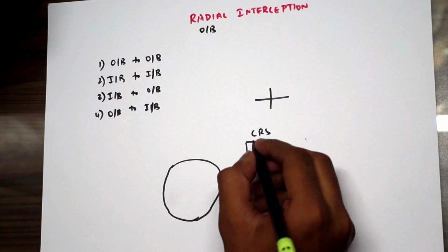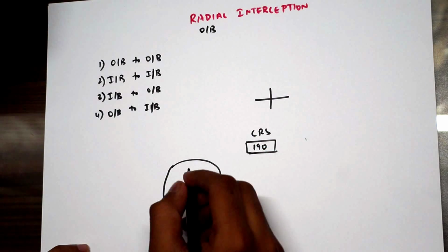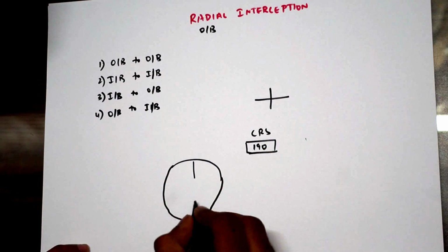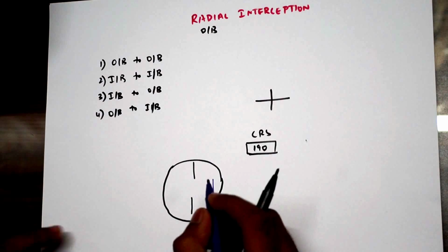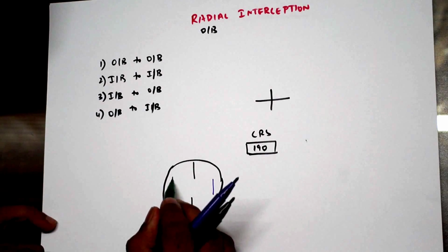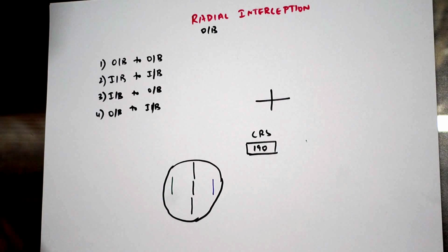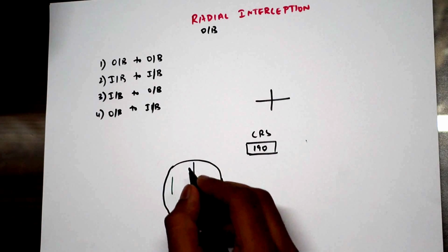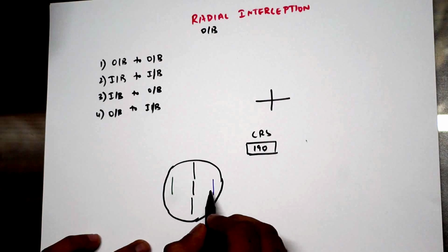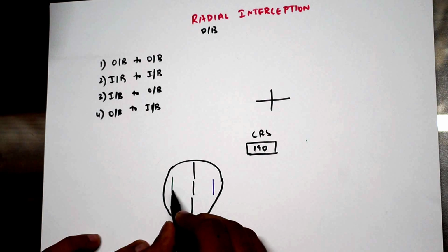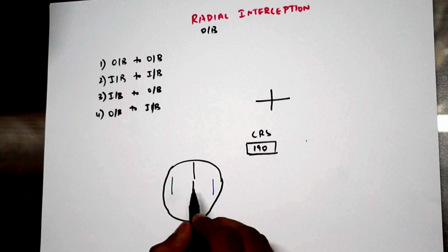Whatever value you set here, say for example 190, the needle will be set; it could be to the right, or towards the left, or it might as well be in the center, saying that you are on the radial. When you set 190, it may be suggesting that you have to go towards the right or towards the left, or that you're on the radial itself.